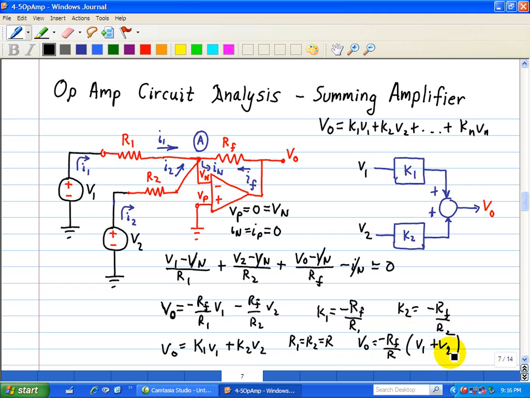Hence the output is proportional to the sum of the two inputs, and hence the name summing amplifier, or more precisely inverting summer. That concludes the op-amp circuit analysis associated with this summing amplifier.